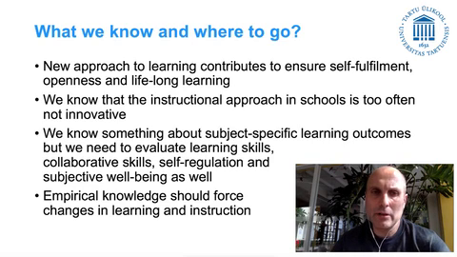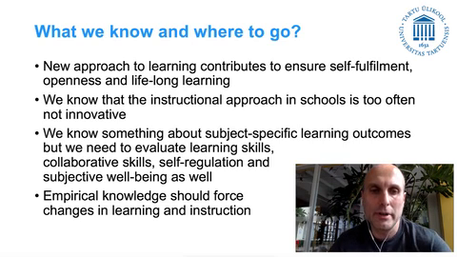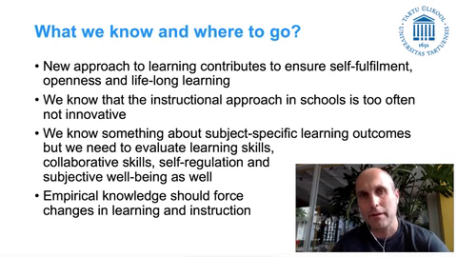What we know and where to go, actually. We see now that the new approach to learning contributes to ensuring self-fulfillment, openness, and lifelong learning. We know that the instructional process in schools nowadays is too often not innovative. We know something about subject-specific learning outcomes, but we need to evaluate also learning skills, collaborative skills, self-regulation, and subjective well-being.